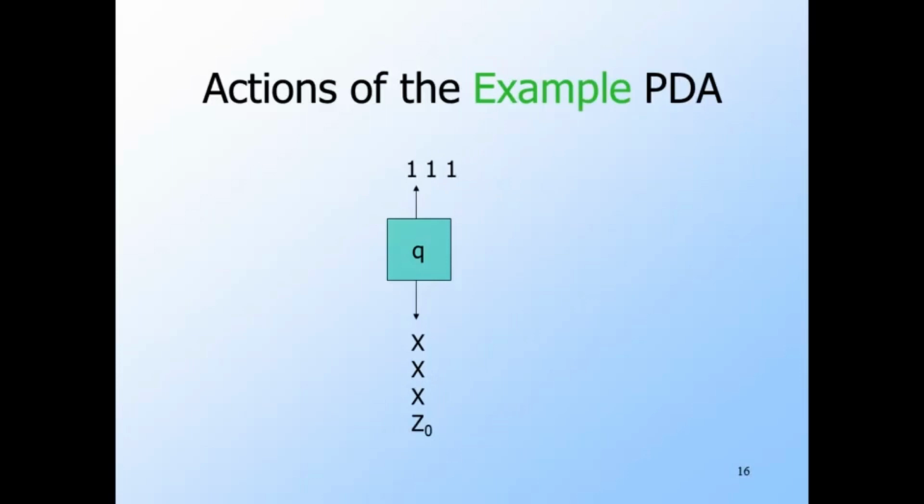And the same thing happens again. Now the first 1 is consumed from the input. We transition to state P and pop the top X. Staying in state P, we consume another 1 and pop another X. Same thing. Now all the input is gone, but we have Z0 on top of the stack, so with epsilon input we can go to state F and accept. We're done, and we accepted the input string that was consumed, 0, 0, 0, 1, 1, 1.